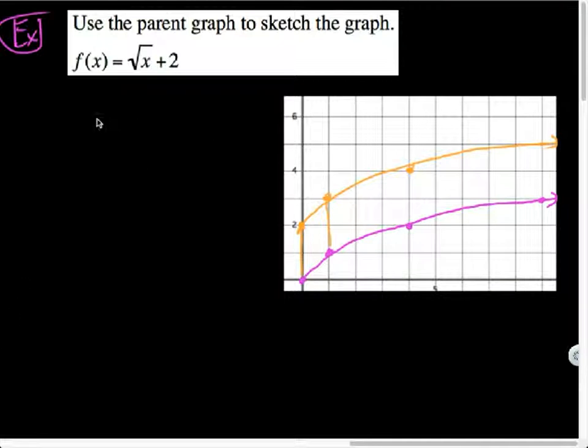If I was to describe this, it was a vertical shift by 2. I shifted it up 2. So I'm able to get a completely new graph in its family. If I haven't described what the family of a set of graphs is yet, the square root family would be all possible variations of the square root parent.